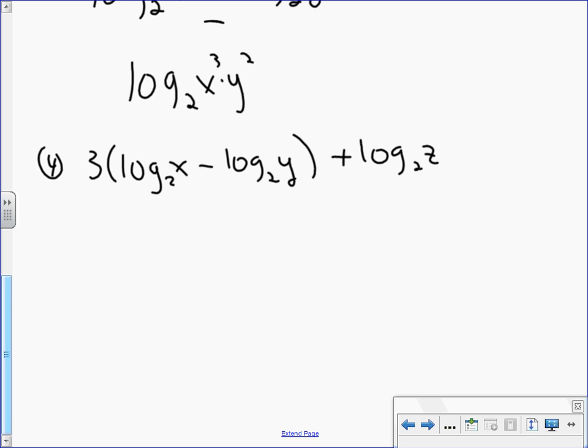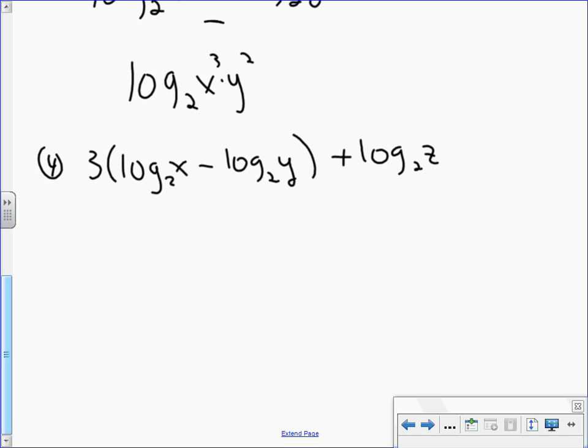Those parentheses require us to think a little bit about what applies to what. It's a z. Okay? All right. Ready?